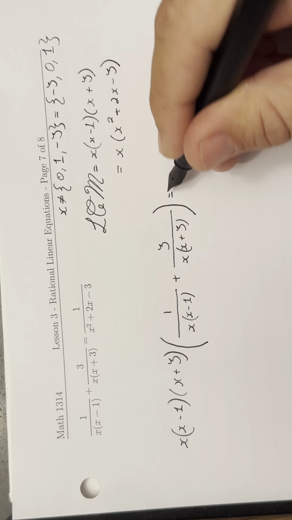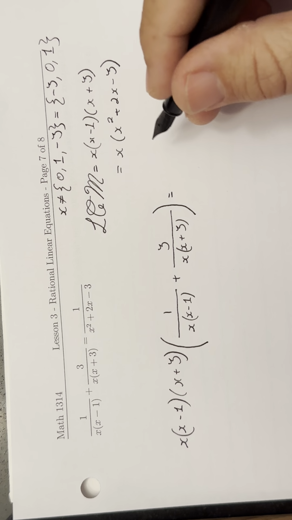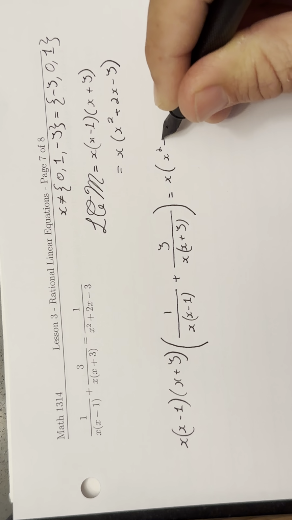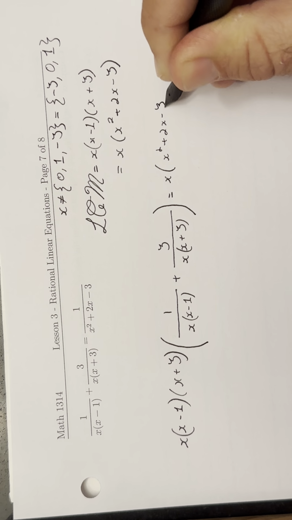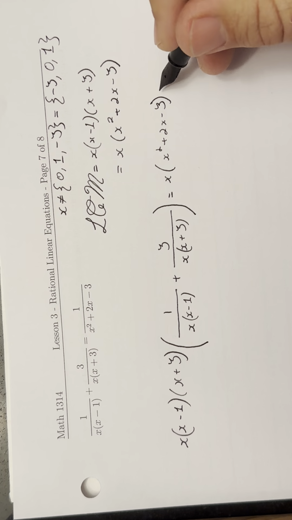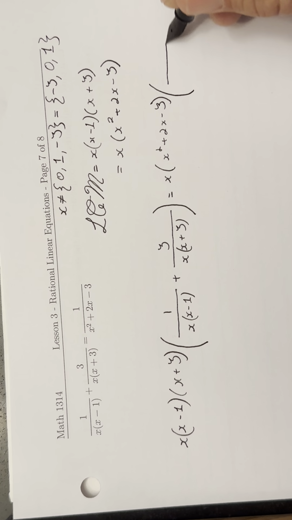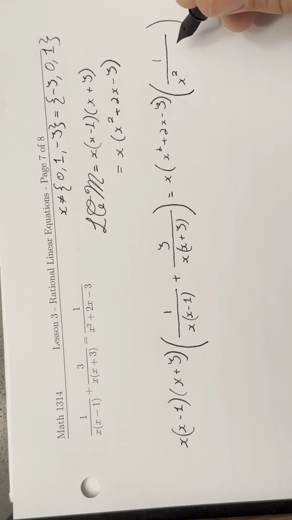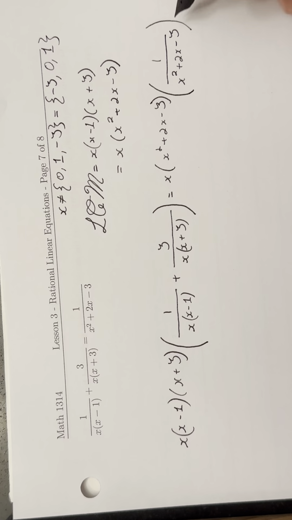And this equals x times x squared plus 2x minus 3. And then we write the original right-hand side after this, which is 1 over x squared plus 2x minus 3.